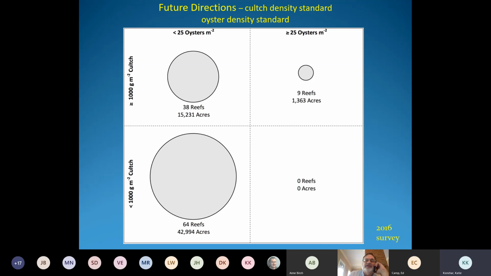I then divided all of the reefs into one of these four quadrants. There were only 9 reefs representing about 1,300 acres, which had good culch, more than 1,000 grams per square meter, and relatively high oyster populations, about 25 oysters per square meter.